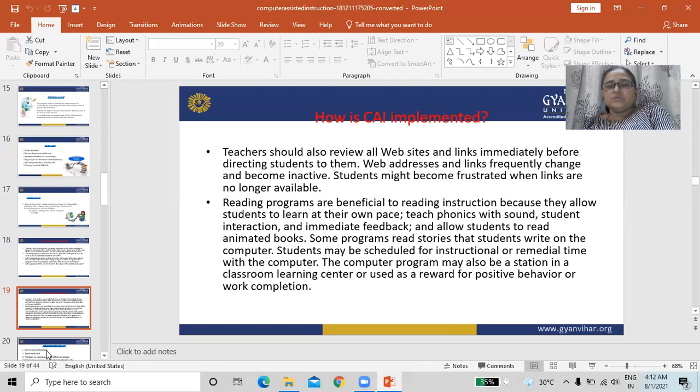A student might become frustrated when links are no longer available. Reading programs are beneficial to instruction because they allow a student to learn at their own pace.